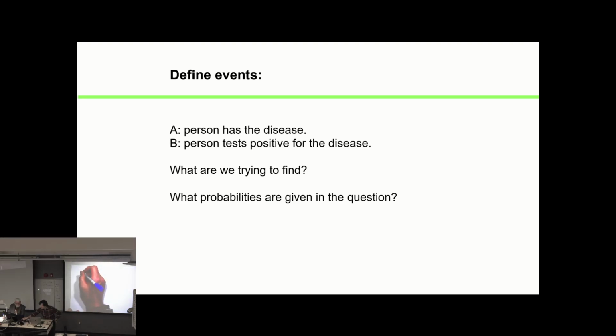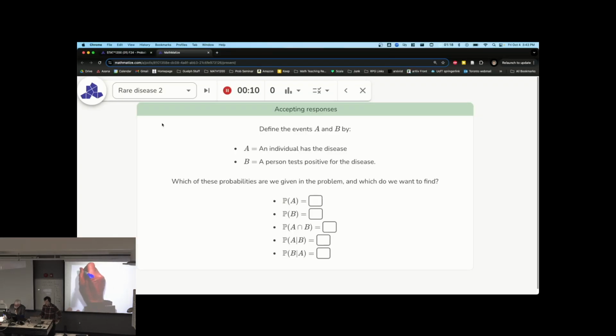Okay, so we want to find the probability of A given B. That's the first thing. Do we? Maybe Gary is wrong. Do you want to do this mathematize? Well, we're going to come up with that one then.